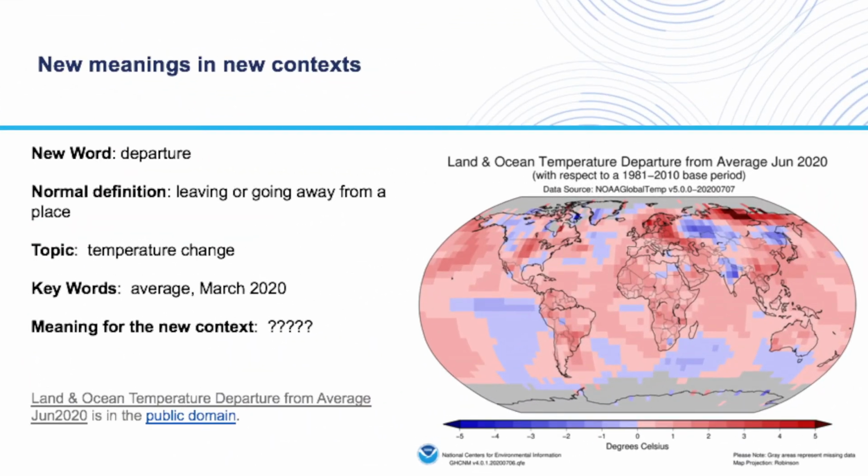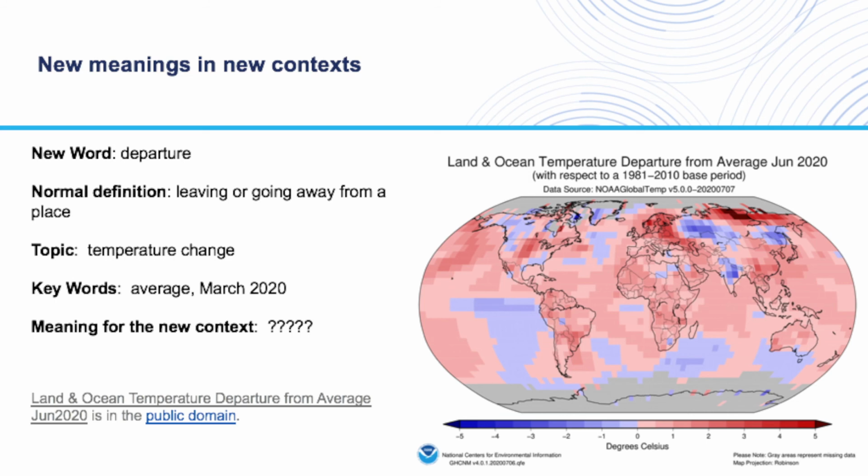Here is another example from a graphic. If you look at the word departure, you might think of the meaning to leave or to go away. But that doesn't make sense here. Let's look at the topic. We are talking about weather and average temperatures.